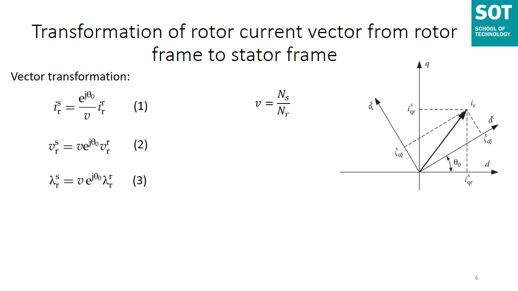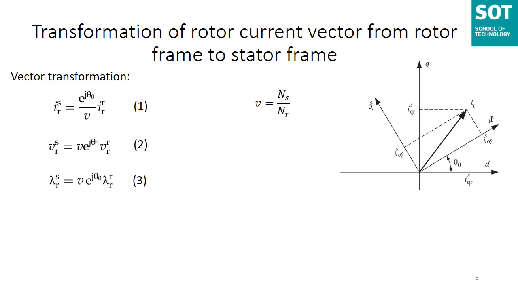But in order to get the direction, I will have to multiply it with e to the power of j theta naught. That is the vector notation, which is easily illustrated in the figure on your right side. You must have studied the same principle in induction motors in your electrical machines course, and it is very much analogous to a transformer.